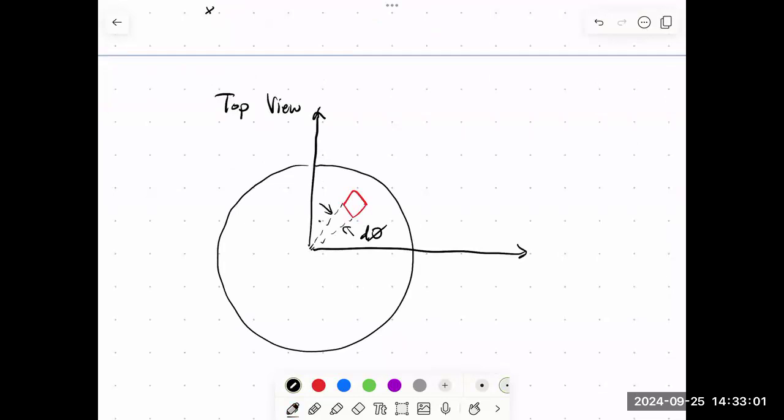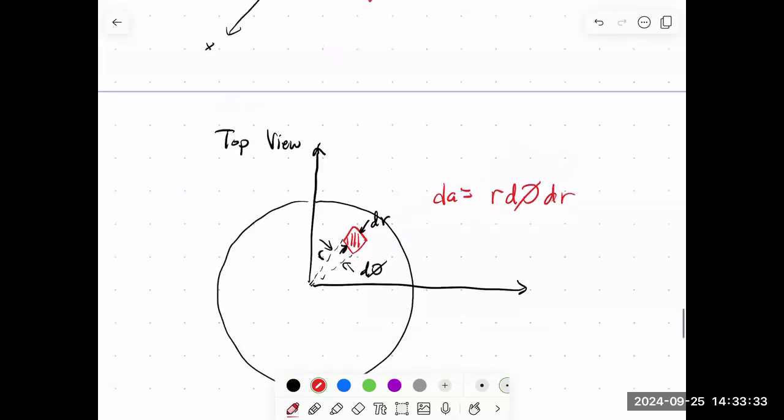This is a distance r from the z-axis, and then this distance is dr. So the area of this patch dA is r d phi dr: d phi gives the lengths of these arcs, and dr gives the lengths of the side.